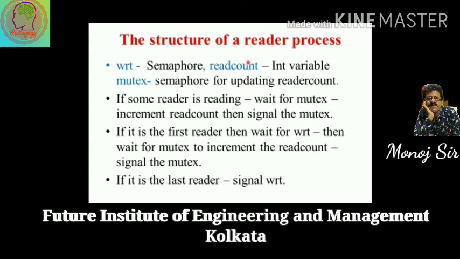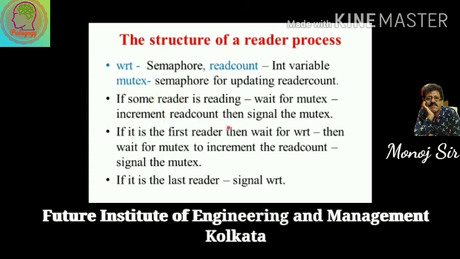Now the structure of the reader process. The variables are the same. The semaphore for updating read count is mutex, read count is an integer variable, and WRT is a semaphore variable. If some reader is reading, wait for mutex, increment read count, then signal the mutex.